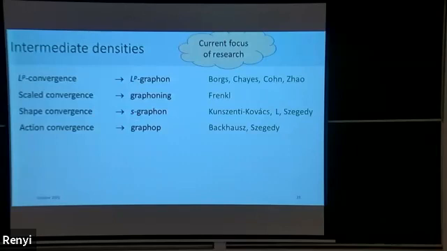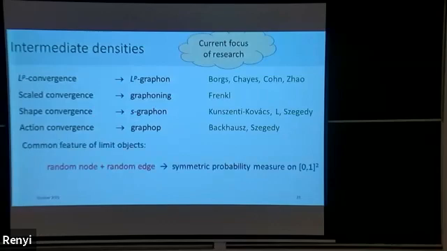So anyway, what are these limit objects? If you look at all of them, including the old ones, graphings and graphons, you can see that there's a very simple thing, but that's crucial. You have a notion of a random node, so there is a uniform distribution on the set of nodes. And it's fairly natural to also assume that you have a notion of a random edge, so you have a uniform distribution on the set of edges. In a finite graph, this is trivial.